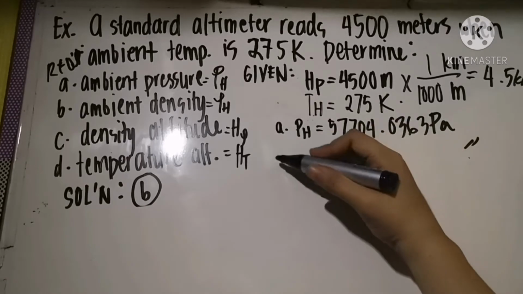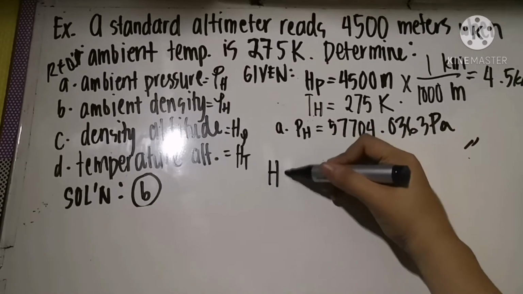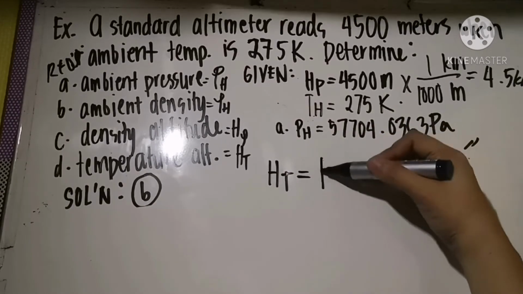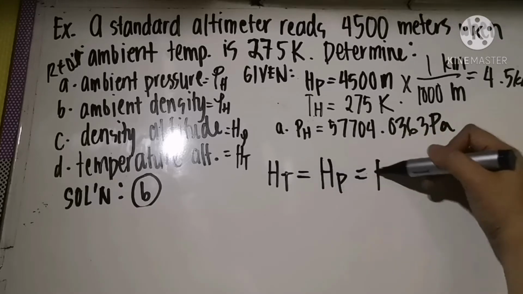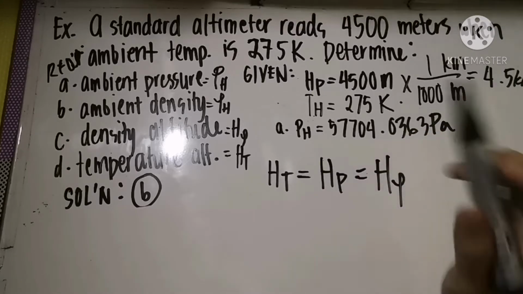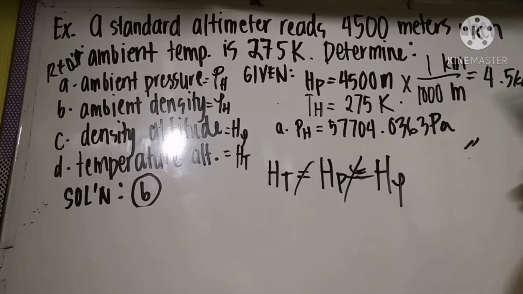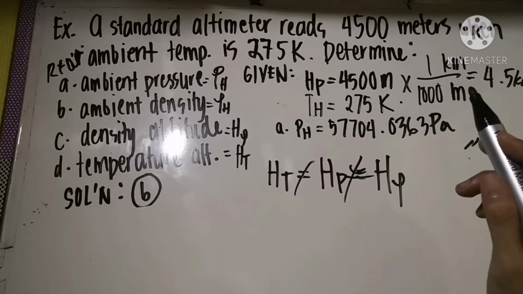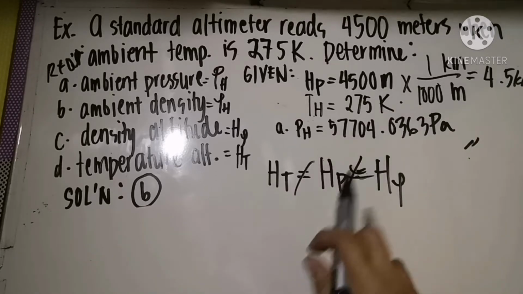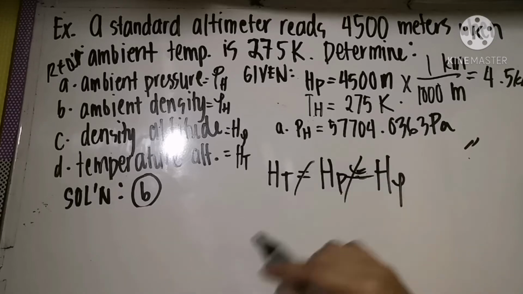And I want you to know that yung temperature altitude mo, yung pressure altitude mo, and yung density altitude mo are somehow not the same. Parang di sila equal. So, parang iba yung nami-measure na temperature altitude, iba yung nami-measure na pressure altitude, and iba yung density altitude mo.